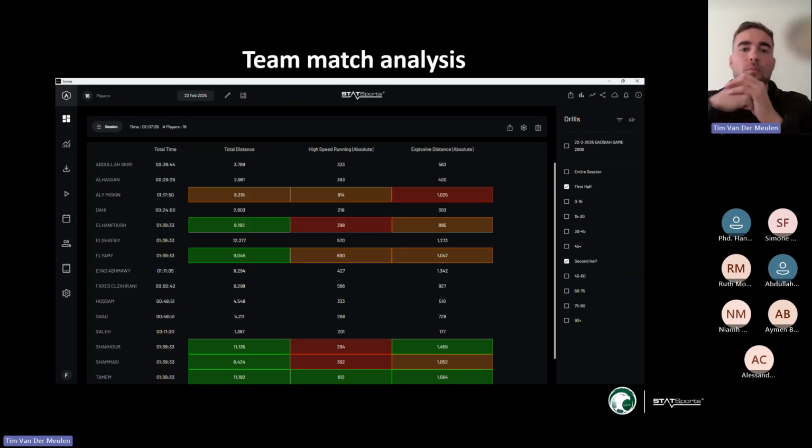Then I want to follow up with a team-based match analysis, again within the session dashboard. On the right side, you will see I've selected the first and the second half, which will give you the physical output of the total match.